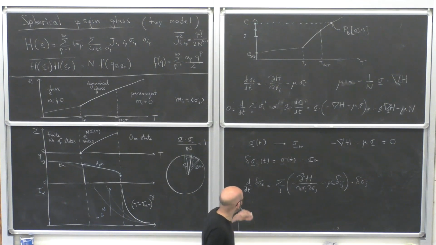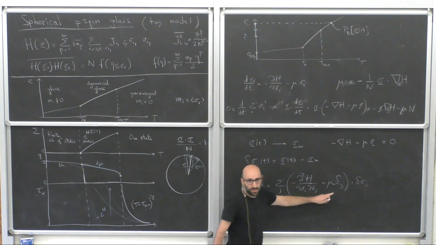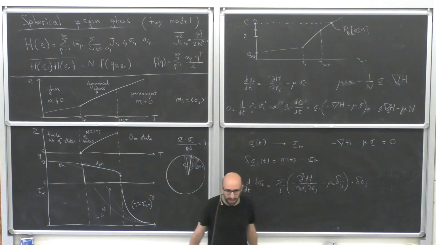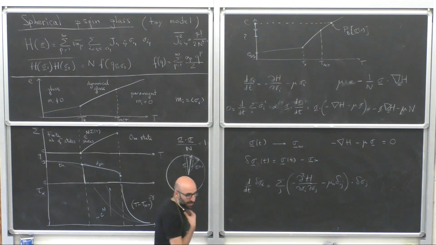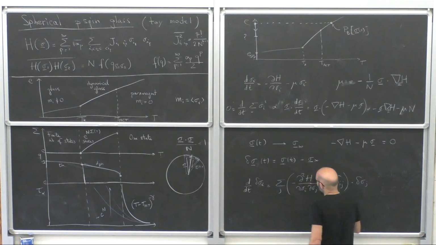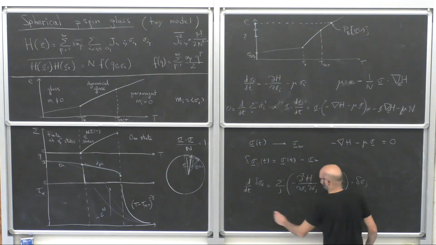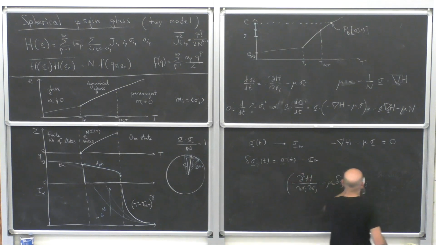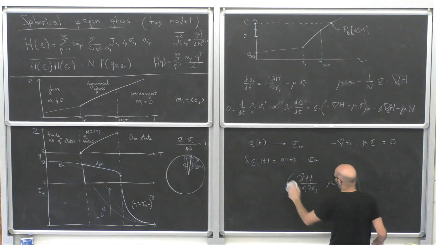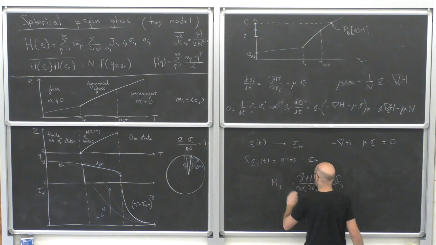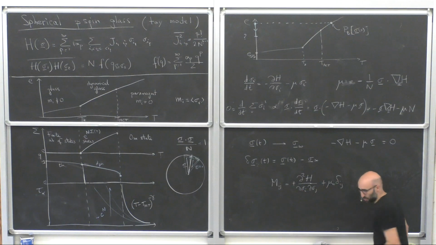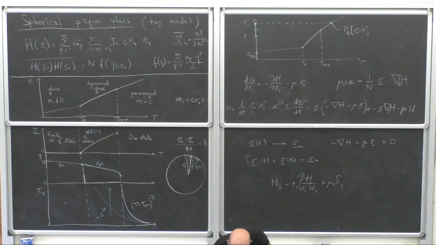Now we want to know the eigenvalues of this matrix to understand how the system will relax to the bottom of the minimum. If I call this matrix Mij, let me save some space, with the plus sign, I think yes.